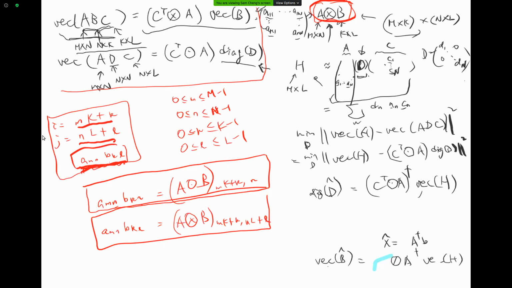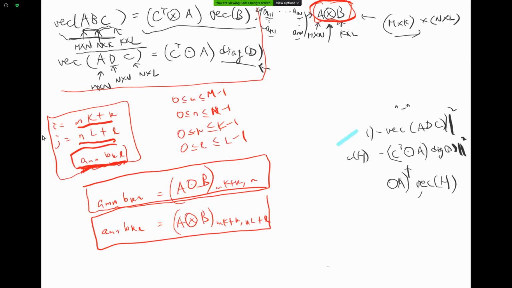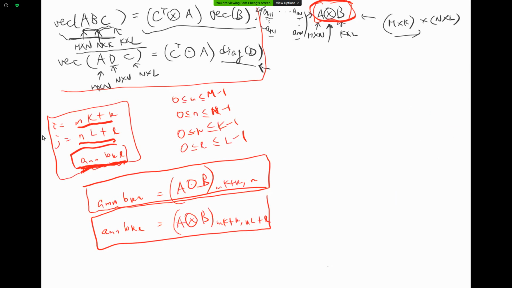Now we're trying to show these identities are correct. First of all, we want to check that the dimensions are right. So I have A times B times C, with dimension M times L. Let's consider the first identity here.